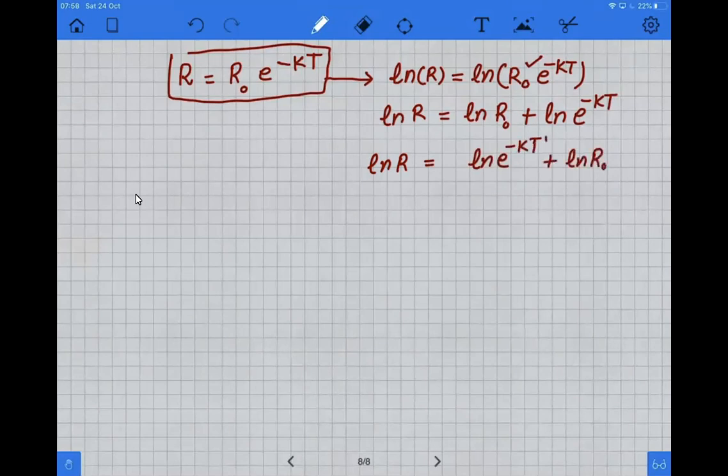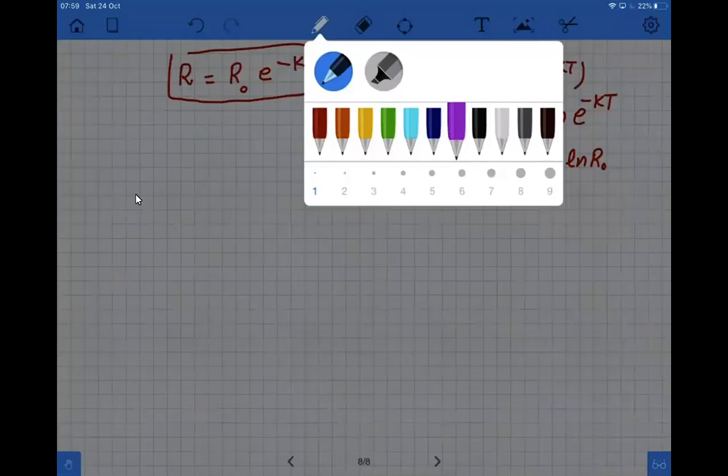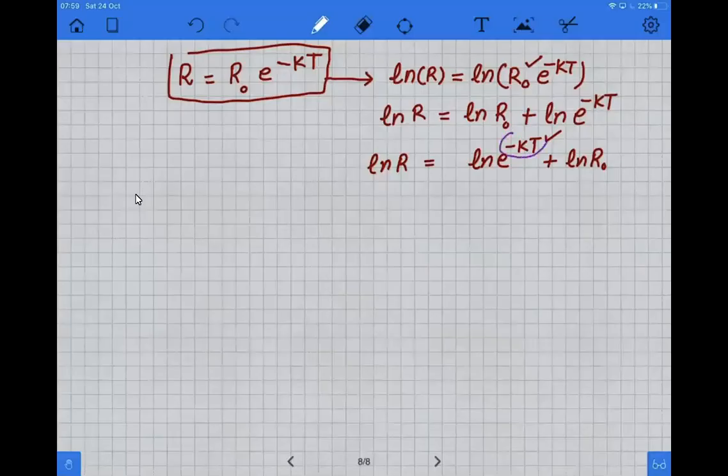We have written the independent variable in the first term. And then the power should become the coefficient. This power will become the coefficient. It will become natural log of r is equal to minus kt natural log of e plus natural log of r naught.